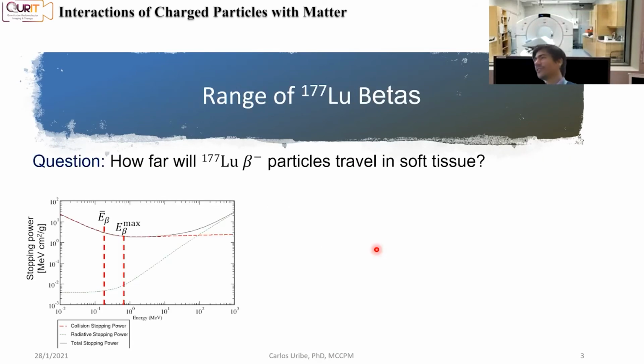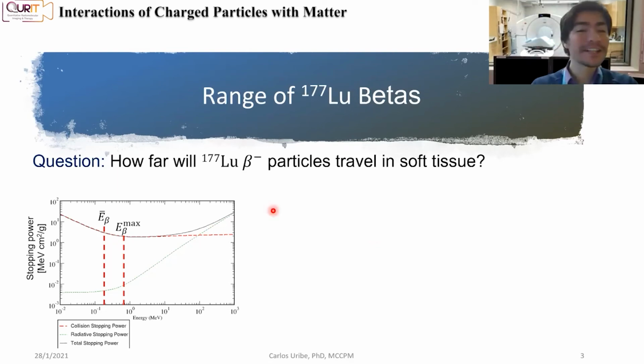Okay, so if these particles are stopping as they go, that leads us to define something we call the range. We want to see, on average or at maximum, how far a particular particle is going to be able to travel in that medium.